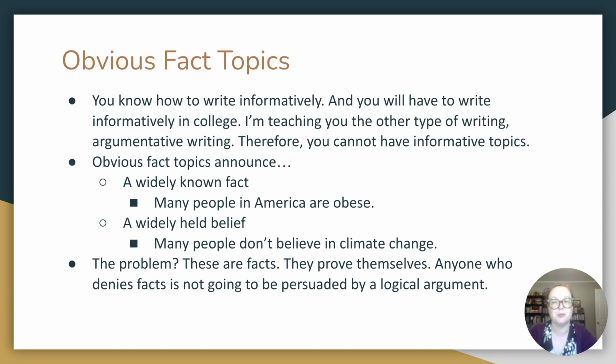And you also want to avoid obvious fact topics. You know how to write informatively, and you will have to write informatively in college, but I'm teaching you that other type of writing, argumentative writing, rhetorical writing. Therefore, you cannot have informative topics. I'm not looking for a book report.